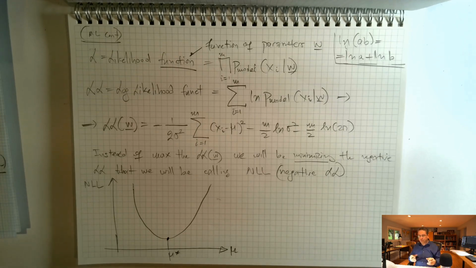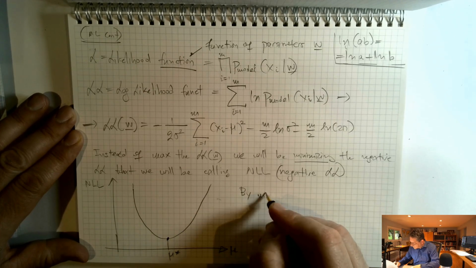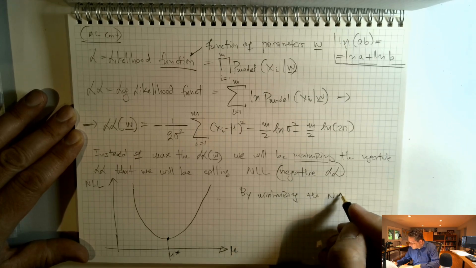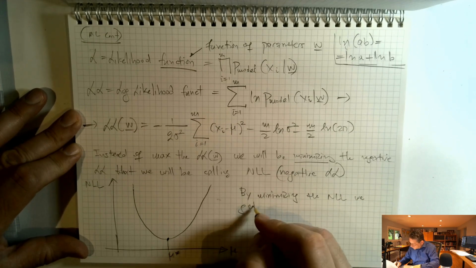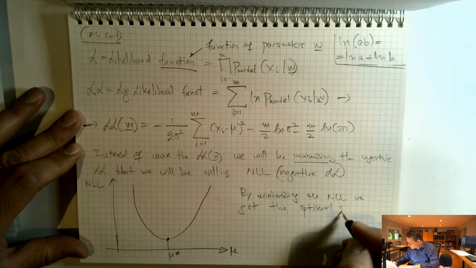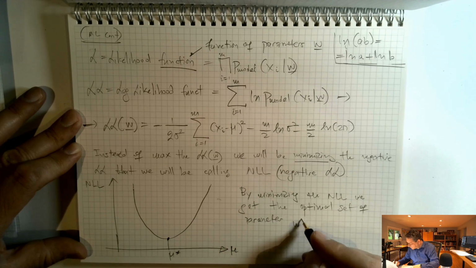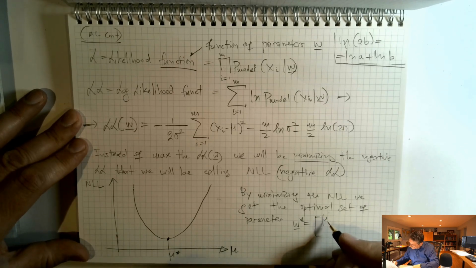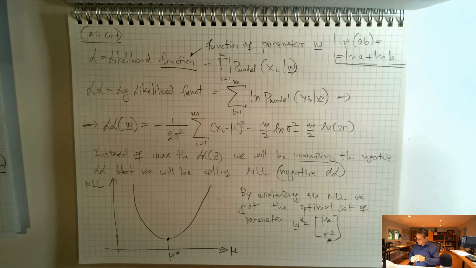In fact, the two parameters have to be jointly optimized, and therefore by minimizing the negative log likelihood, we will get the optimal set of parameters, W star, equal to nu star and sigma star squared.